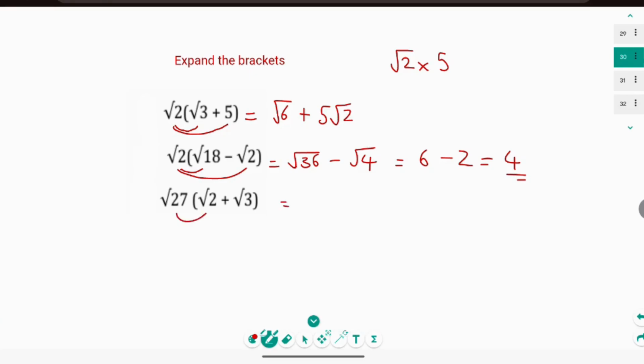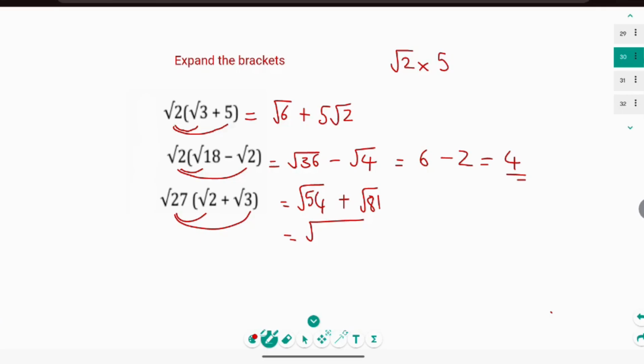Okay, root 2 times root 27 is root 54. Root 27 times 3, root 81. Now I think we can simplify root 54. Let me just think about this. Well, 9 is definitely a square number and a factor of 54.